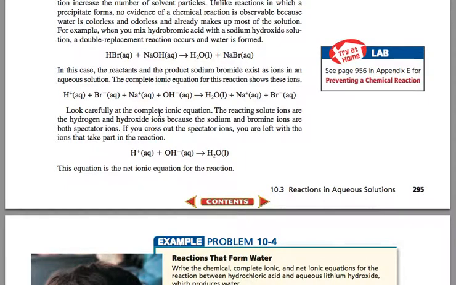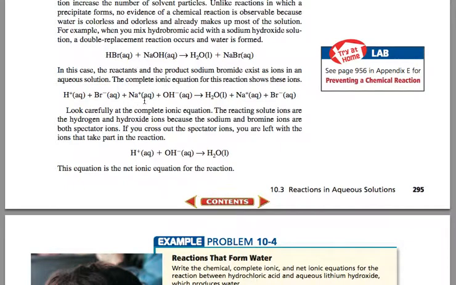Look carefully at the complete ionic equation. The reacting solute ions are the hydrogen and hydroxide ions. Solutes are the things that are dissolved in the solution, okay? The reacting solute ions are hydrogen and hydroxide ions because the sodium and the bromine ions are both spectator ions.